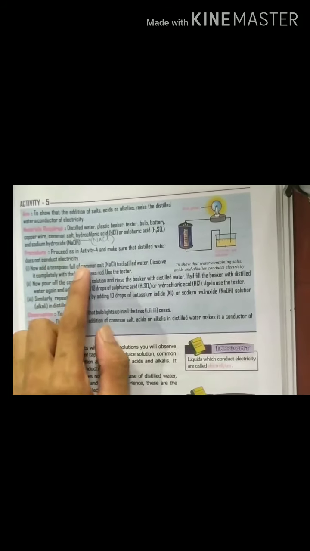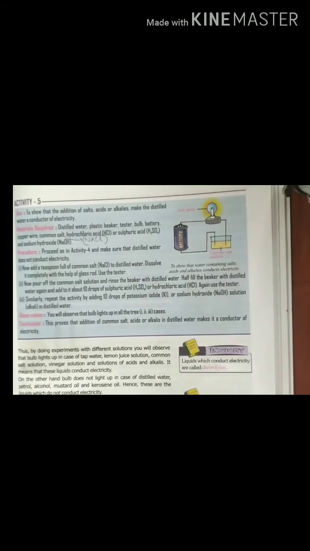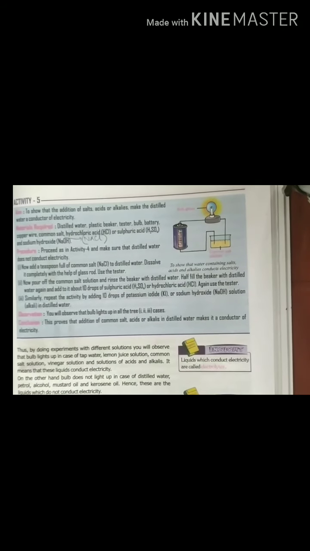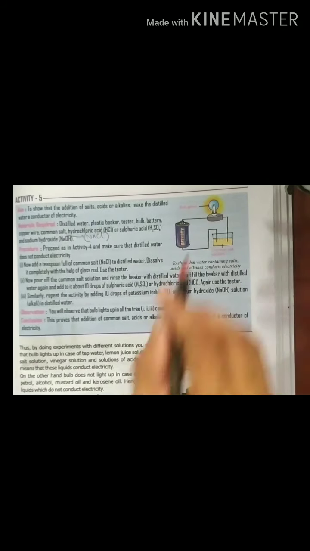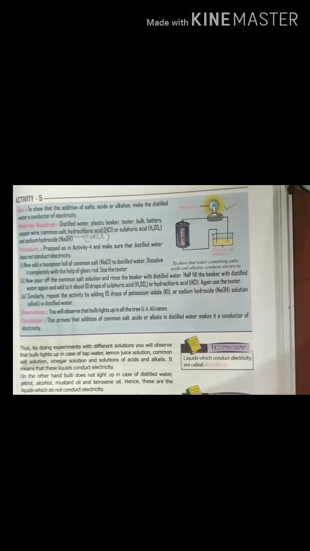Proceed as in activity 4, same as activity 4. In activity 4 only distilled water was used. Now in that distilled water we'll pour some salt or acids or alkalis. Understood? Now as soon as you add salt or acids, the bulb starts to glow.